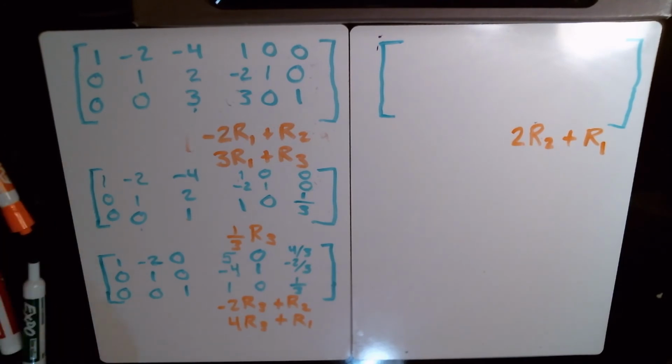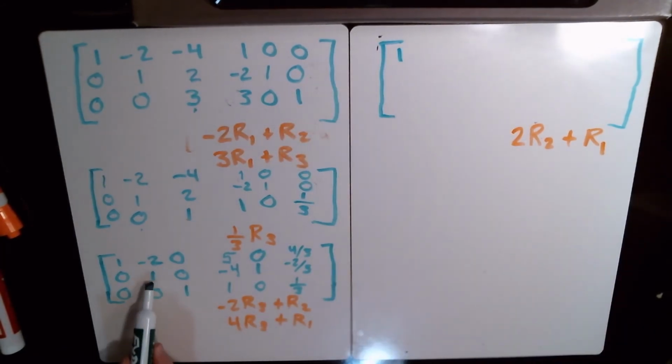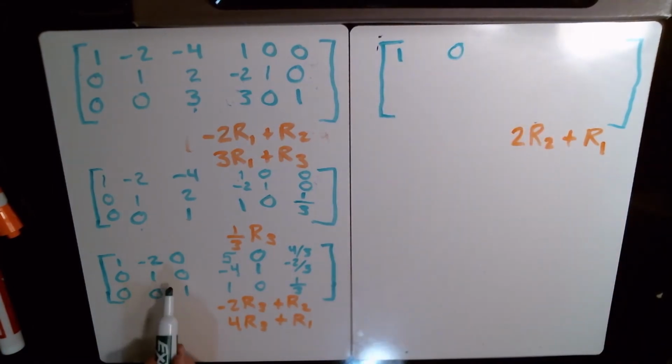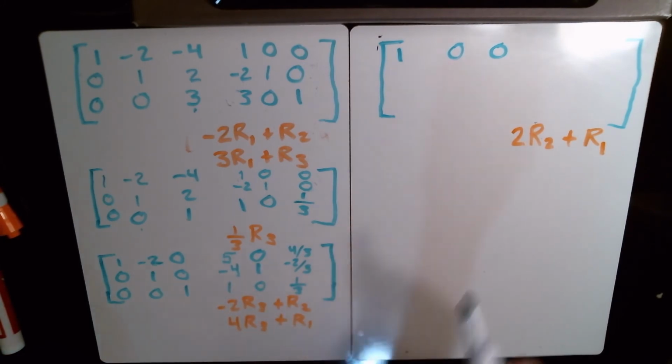And so what do we get here? We do 2 times this row, and we're going to add it up. Well, 2 times 0 is 0, plus 1 is 1. 2 times 1 is 2. Added up is 0. Okay. 2 times 0 is 0, plus 0 is 0. 2 times -4 is -8. Plus 5 is -3.